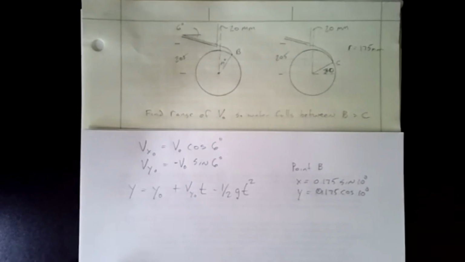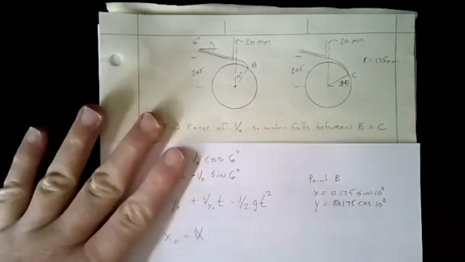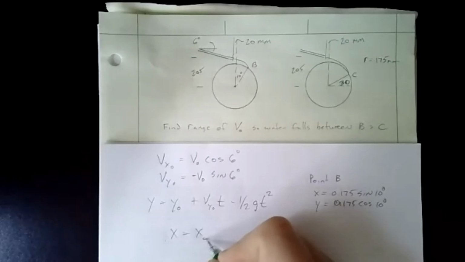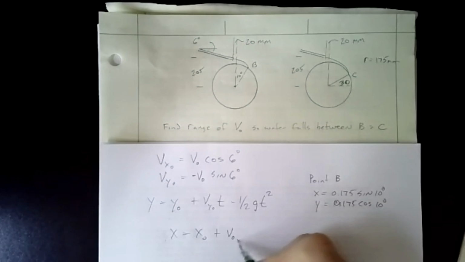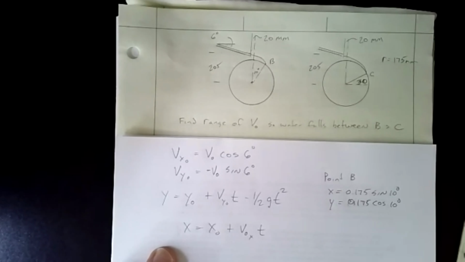And so given our x location, x equals x naught plus v naught x t. So if I rewrite that, what do I have?